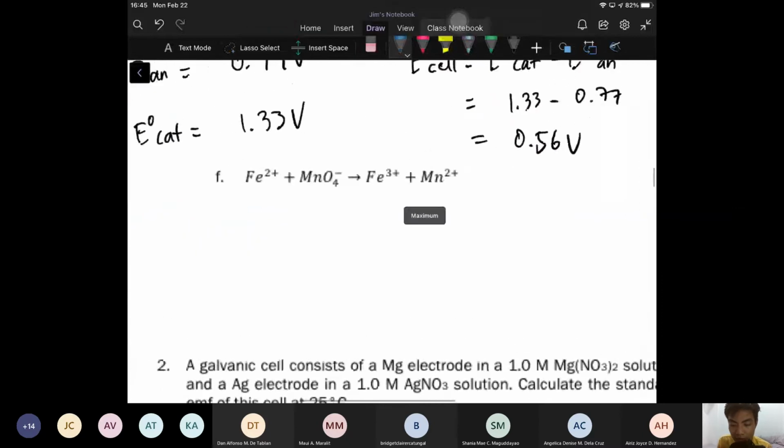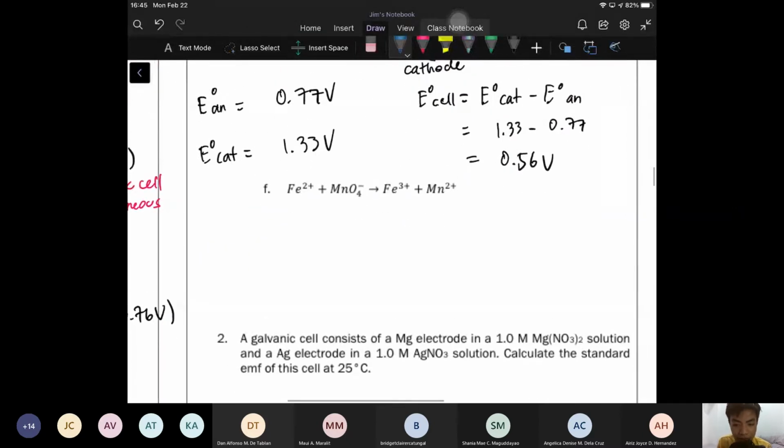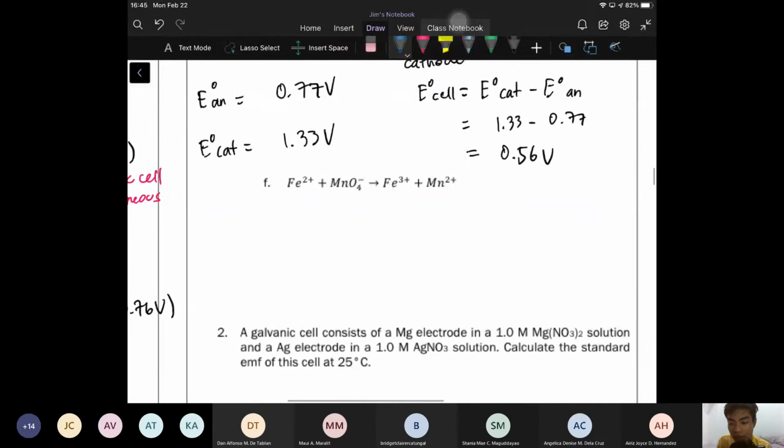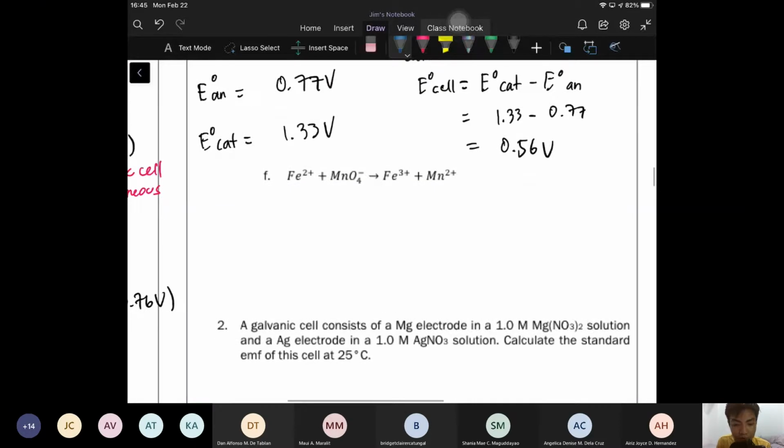Okay, sige, ito. Practice pa tayo before we go into the main topic. Fe2 plus, MnO4 minus, producing Fe3 plus and Mn2 plus. Okay? So from these two equations, we identify which one is the cathode, which one is the anode, no? You can balance this, no? Pero since ang gusto ko lang naman ay E-cell, edi shortcut na tayo.